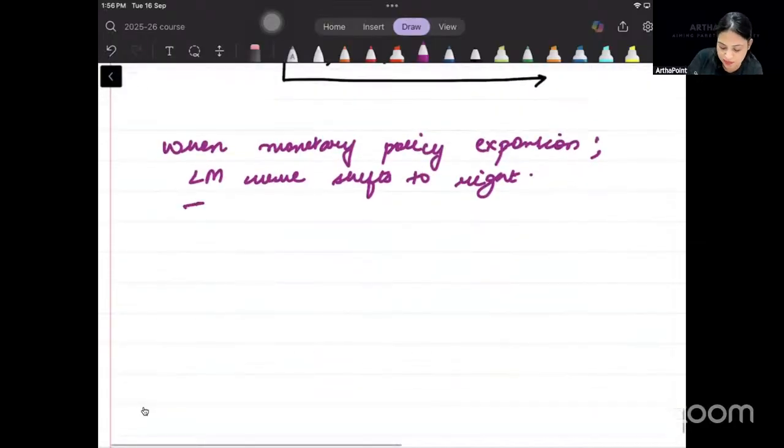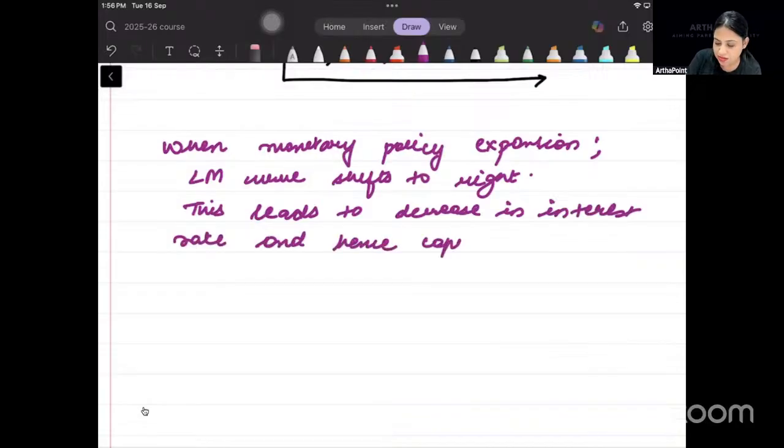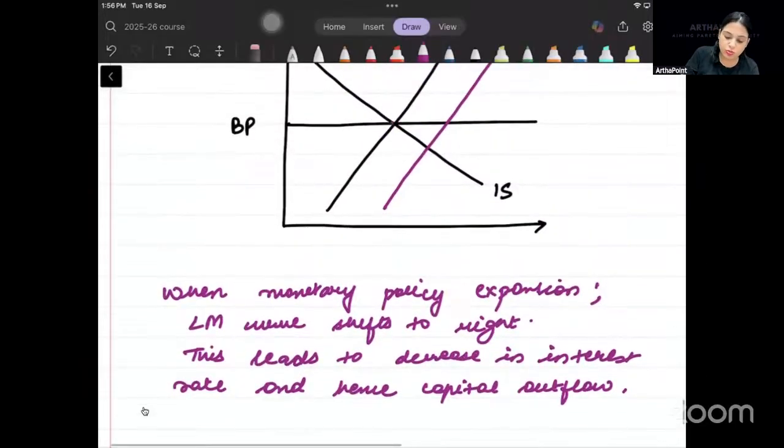This leads to a decrease in interest rate and hence capital outflow. The interest rate will decline, you will move from point E to E dash, and capital will outflow.